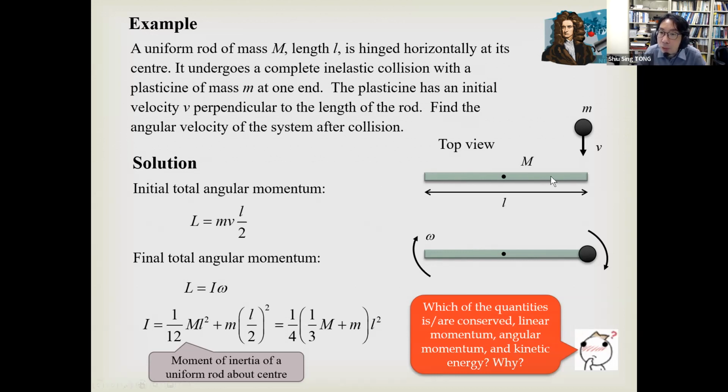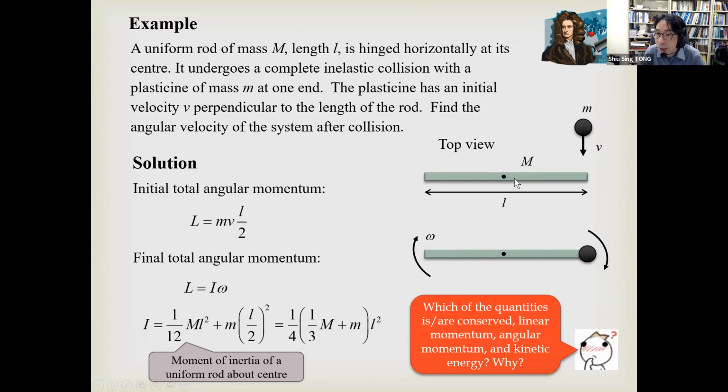The total length of the rod is small l. The total mass is capital M. And now you have a small mass, which is a plasticine, a plastic bead, you can say. This small mass has a mass of small m and an initial velocity v.